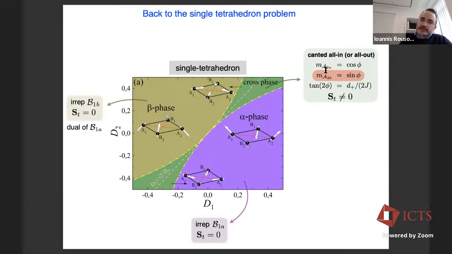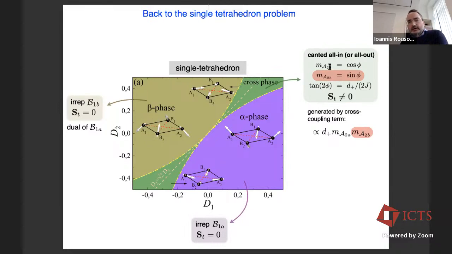This phase combines the two fields in this particular way, where the angle phi is proportional to the ratio D plus over 2J. So the more I move along this line away from the origin, the more I include canting. The canting is introduced by the mixing of this intruder irrep. That's the only phase of the single tetrahedron problem that does not belong to the ground state manifold of the Heisenberg model.